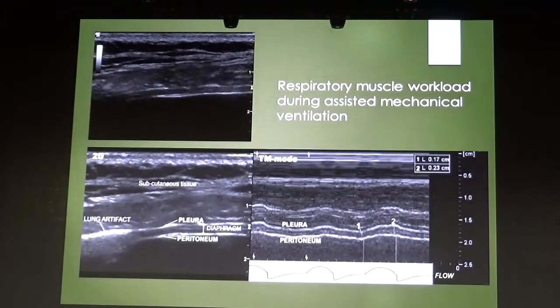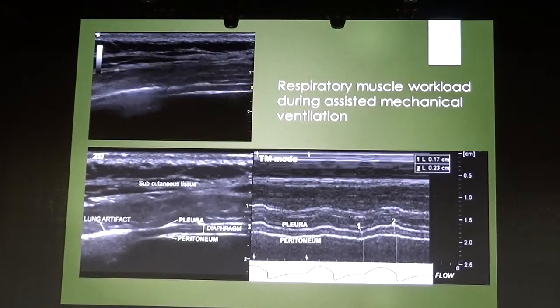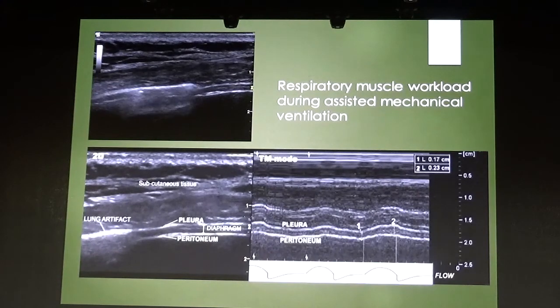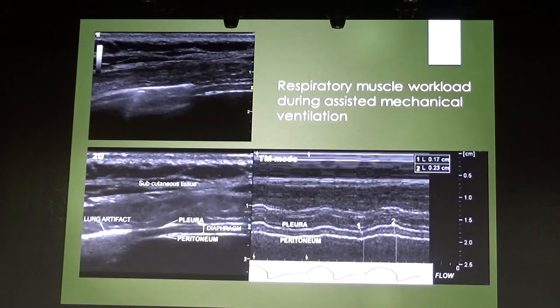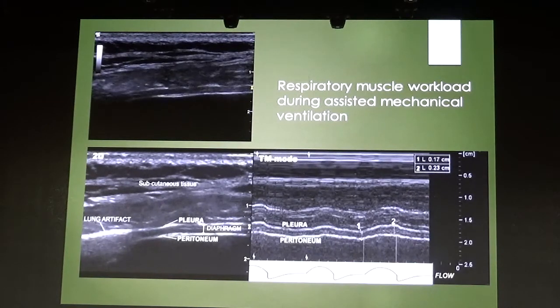So the second technique that is gaining popularity, I would say, is the assessment of the thickening of the diaphragm. We can measure it at what is called the zone of apposition.